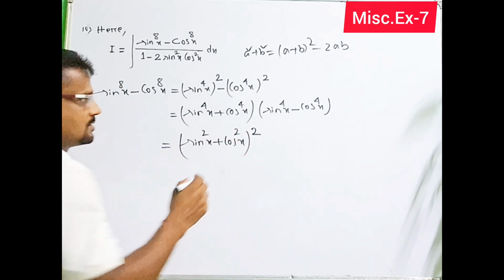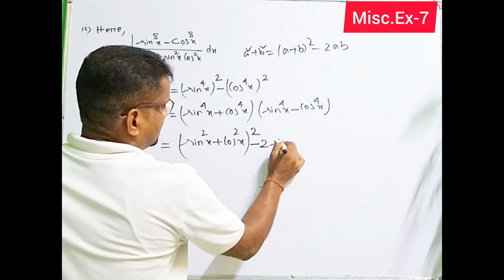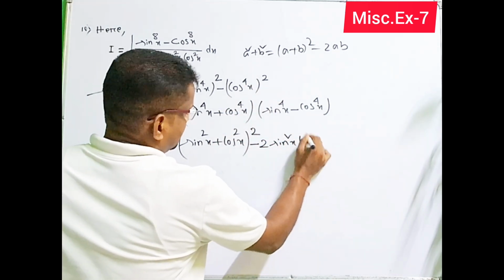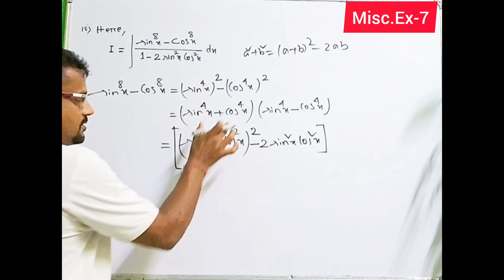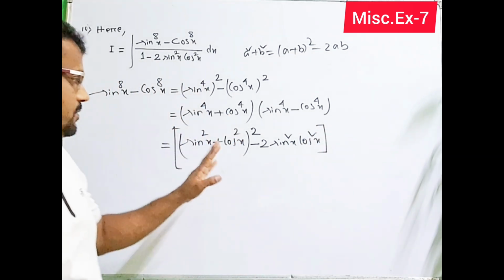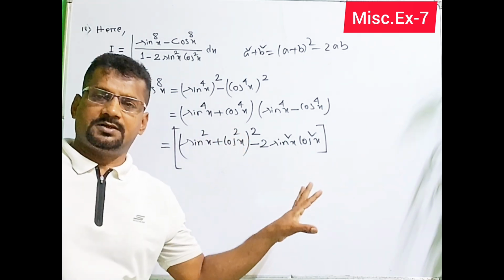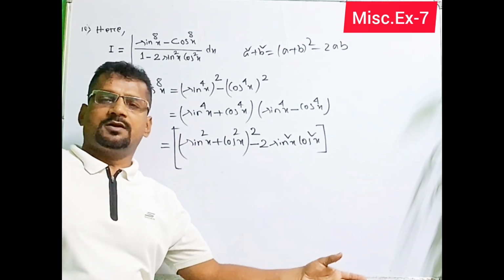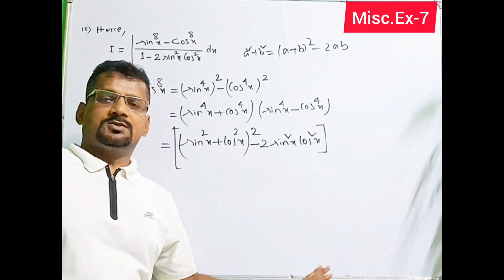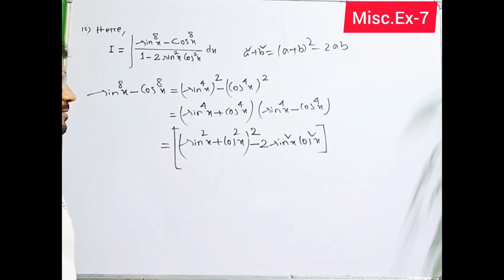Then, since you have plus here, it will be minus 2 sin square x cos square x. This is for this part. I repeat, just consider it as a square plus b square. The formula for a square plus b square is a plus b whole square minus twice ab.